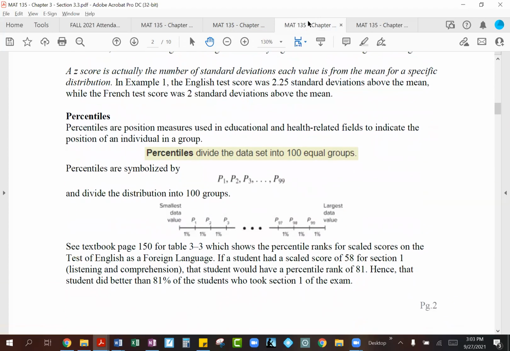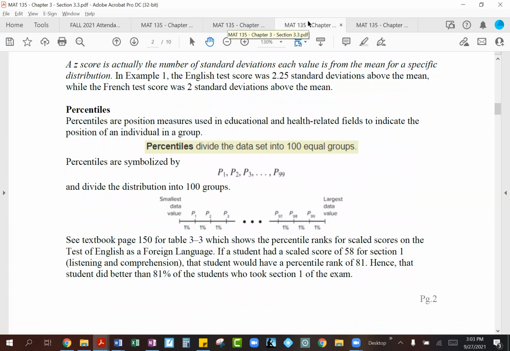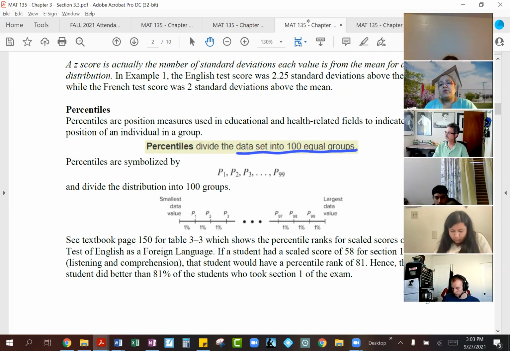And then, like I said, the other calculations we have are percentiles, quartiles, deciles, which are pretty much the same thing, just depending on how many equal parts we break up our values in. So they are saying if you take a data set and divide it into 100 equal groups, that's where we get percentiles. Now, one thing I will tell you guys to be cautious about, please do not confuse percentages with percentiles.